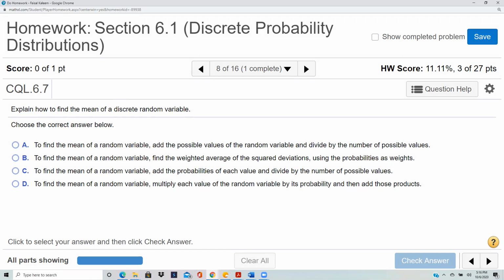Because if it's just a single variable without mention of a probability distribution, you know that to find the mean, you just add the values and divide by how many there are. But if it's a probability distribution, then you multiply each value by its probability and you add these products.